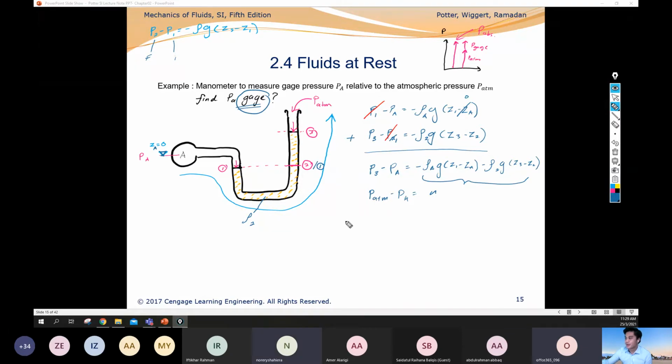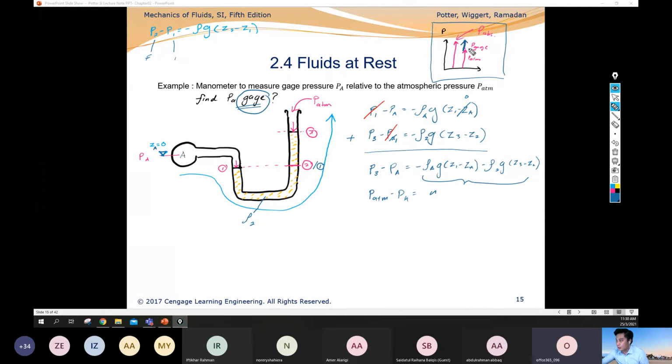0. Okay, why 0? Because PATM above, P gauge above PATM. Okay, actually it is correct. 0. Why 0? Can you see this figure? Yes. Okay, where is P gauge? This is P gauge, right? Yes.